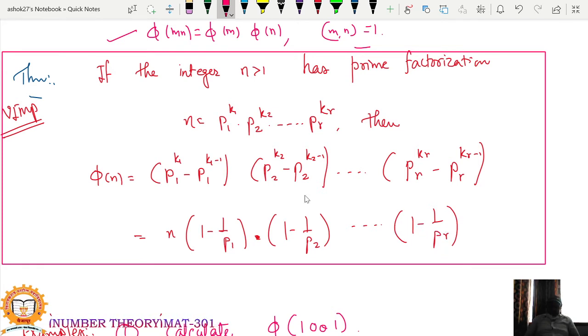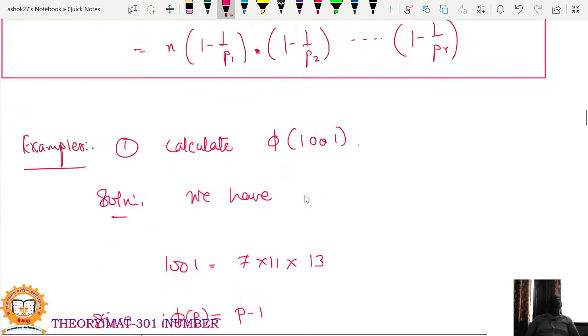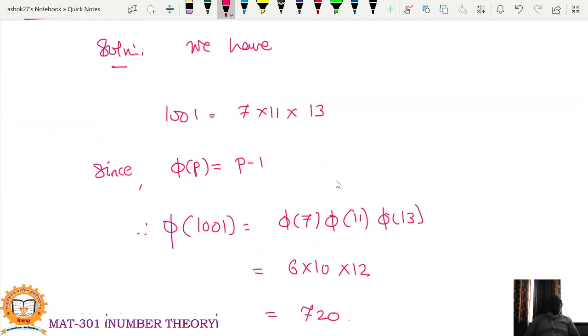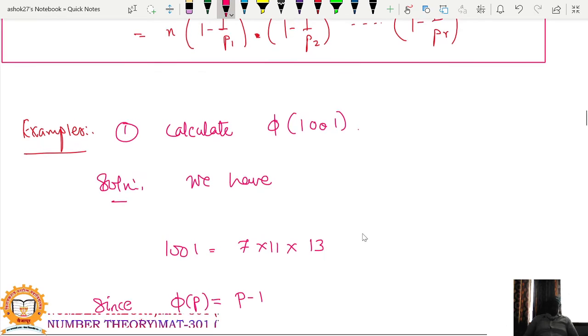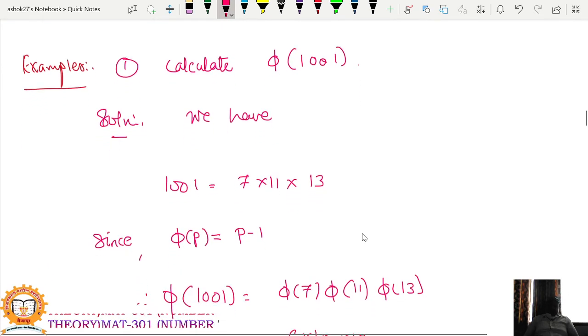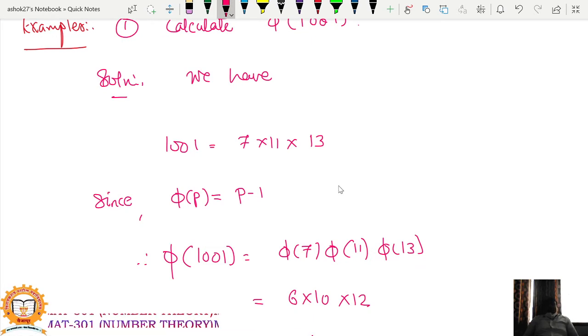So in particular you can find phi of some integer. Let's find phi of 1001. We have the prime factorization of 1001, which you write as 7 into 11 into 13. So here p1 is equal to 7, p2 is equal to 11 and p3 is equal to 13.